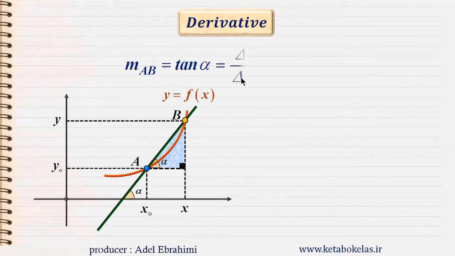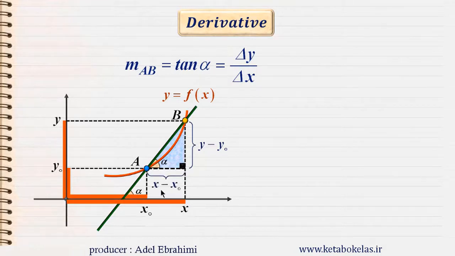So tan of alpha is change in y over change in x. Change in y is y minus y0, and change in x is this distance, x minus x0. So this fraction is equal to y minus y0 over x minus x0.